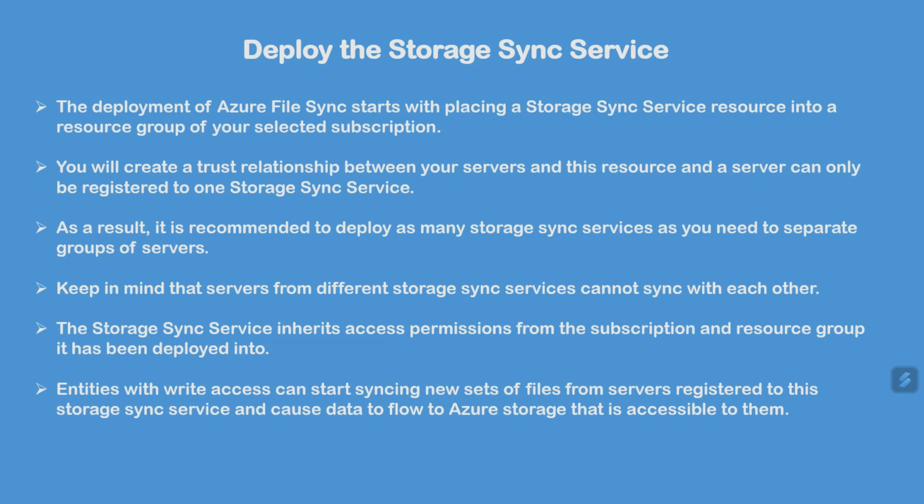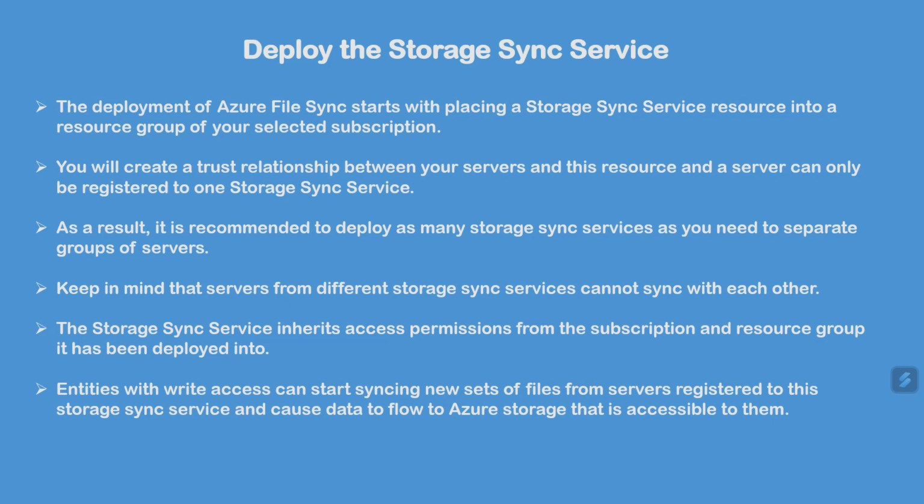This is an important point. As a result, it is recommended to deploy as many storage sync services as you need to separate groups of servers. Keep in mind that the servers from different storage sync services cannot sync with each other. So they can't sync between the sync services.